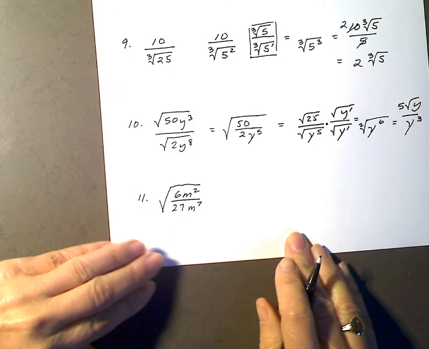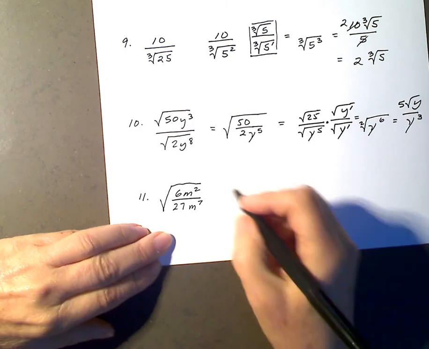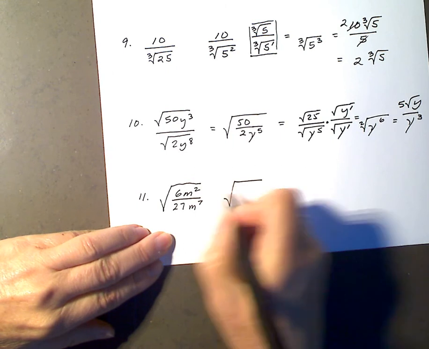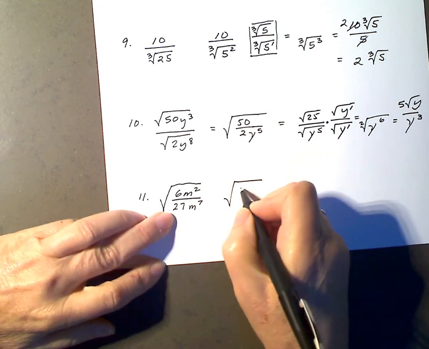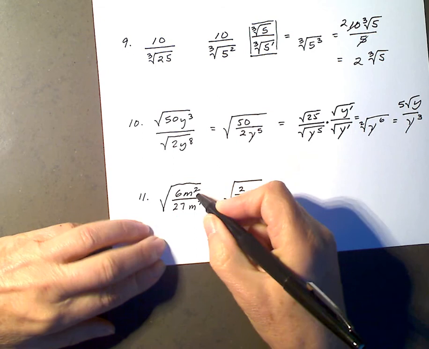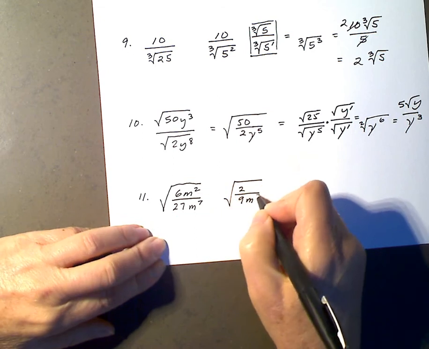Okay, number 11, let's see, let's simplify this together first. 3 is a common factor of 6 and 27, so this is 2 3's and 9 3's. And then m squared over m to the 7th leaves an m to the 5th in the denominator.